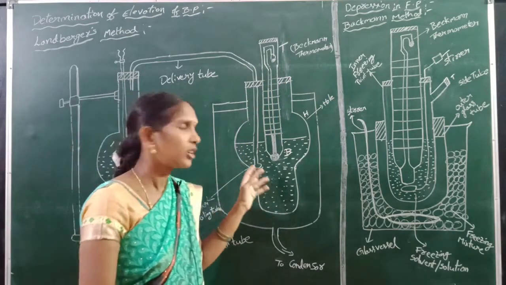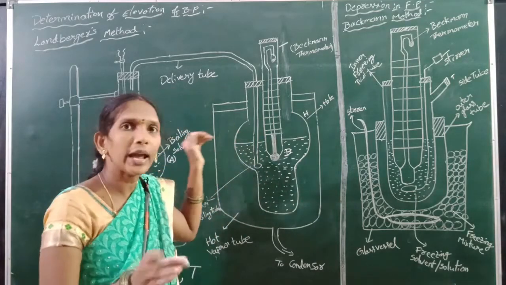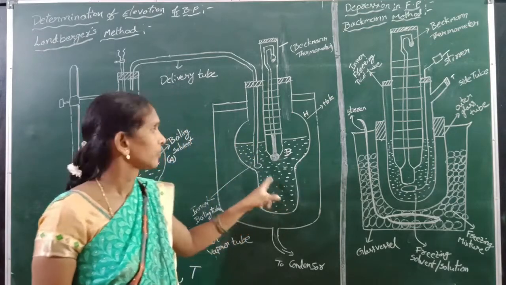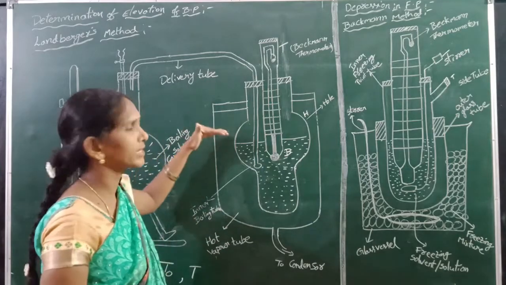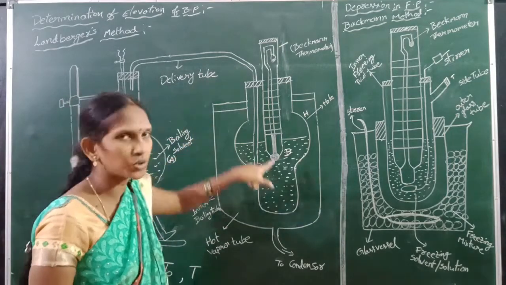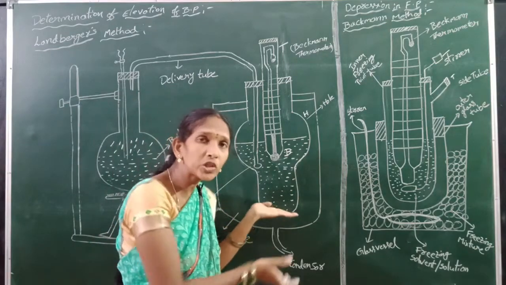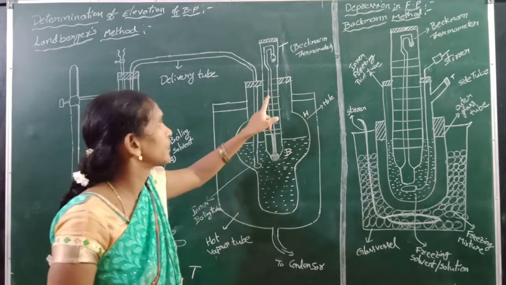Then after, we can add a known amount of solute in the inner boiling tube. The same process is repeated. That means vapors come to the inner boiling tube and the solution boils. Constant temperature is maintained here.